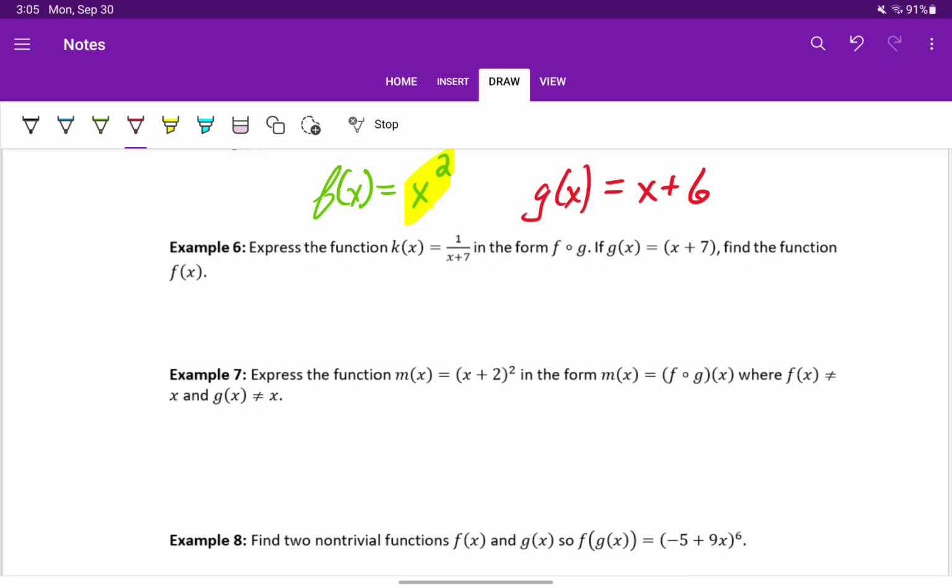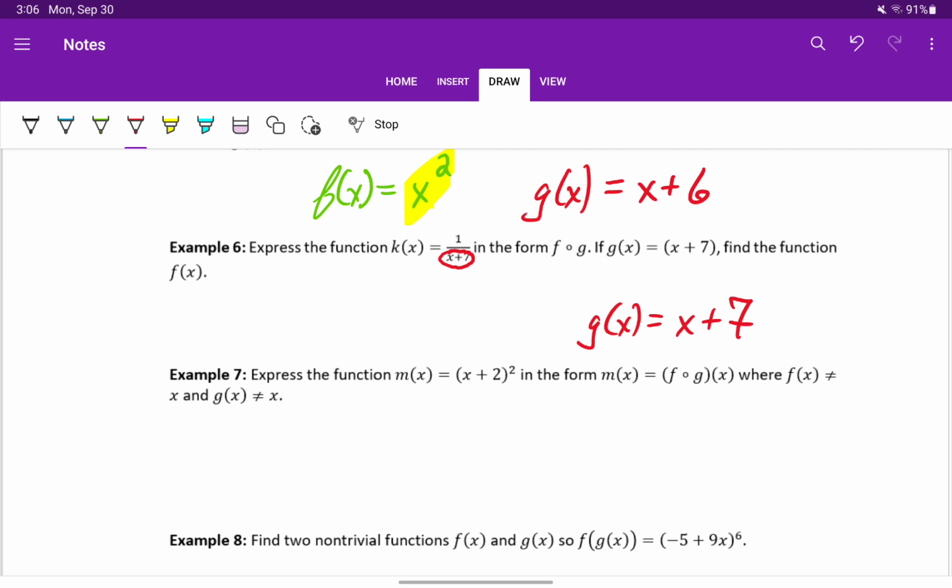In example 6, we're still dealing with a function that we want to express in the form f of g. So g is the interior function, and we're told that g of x should be x plus 7. We want to think about what function are we plugging this x plus 7 into to get 1 over x plus 7.